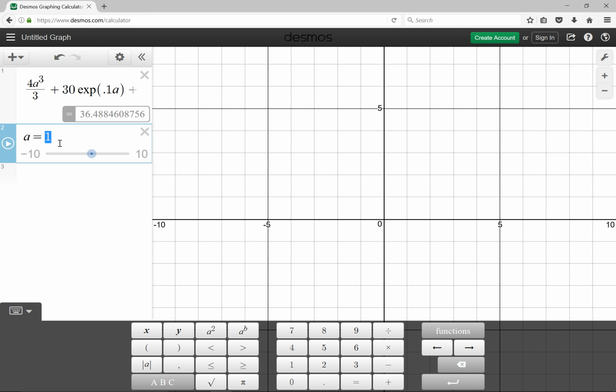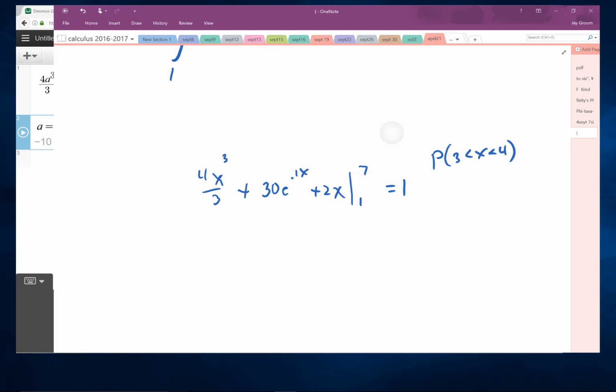And where are we going from? So 1 is 36.48. 7 is 531.75. Right? What do you get when you minus those guys? I don't have a calculator. 531.75 minus 495.25. Bam.